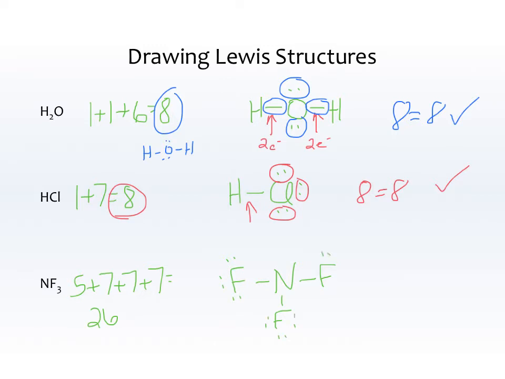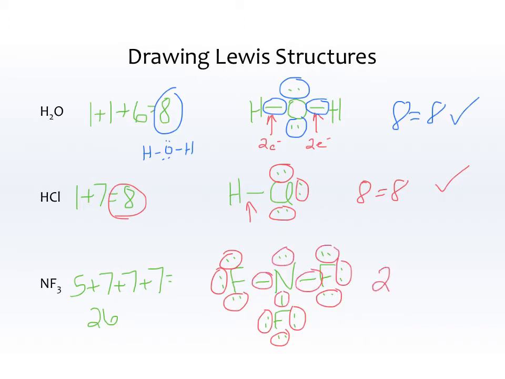We don't have any hydrogens or anybody in group 2 or 13. Which means I'm going to add 2 extra dots to the nitrogen, because the 3 bonds count as 6 electrons for nitrogen, so that 1 lone pair will complete the octet. Now I'm going to count what I have and see if it matches. We have 2, 4, 6, 8, 10, 12, 14, 16, 18, 20, 22, 24, 26. Equals 26. Check. This is good.